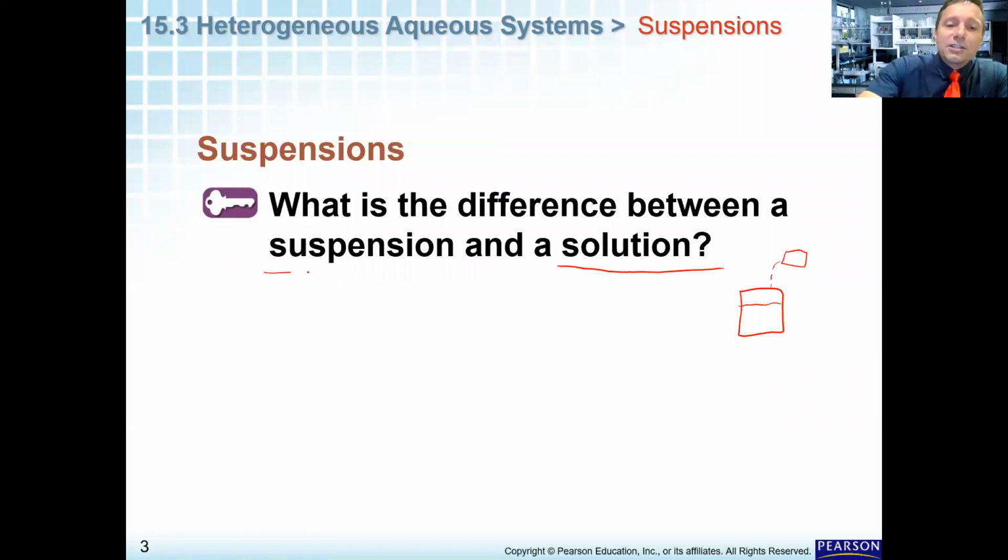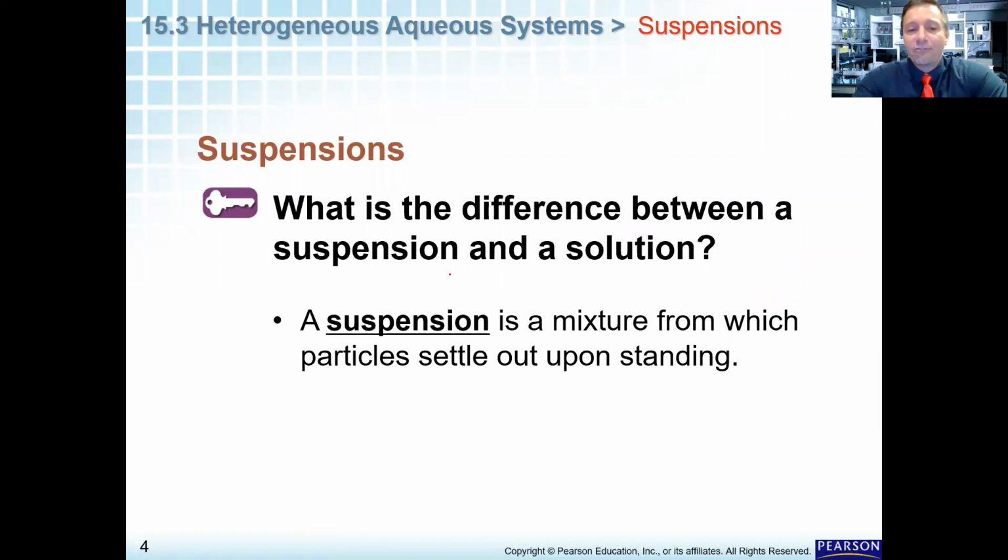A suspension is not a homogeneous mixture. A suspension is a heterogeneous mixture, which is said to be 2 or more phases. And we'll talk about that. So let's define it. A suspension is a mixture from which particles settle out upon standing. So think about this. If you took a jar, have some water in it, and you took this little container and you poured in some dirt.